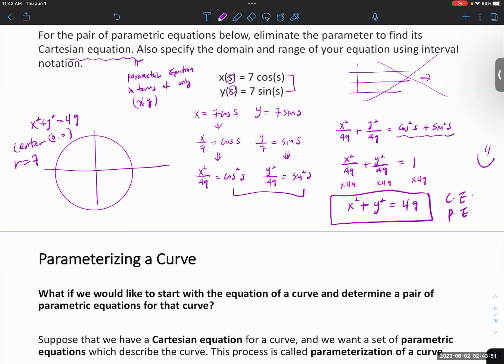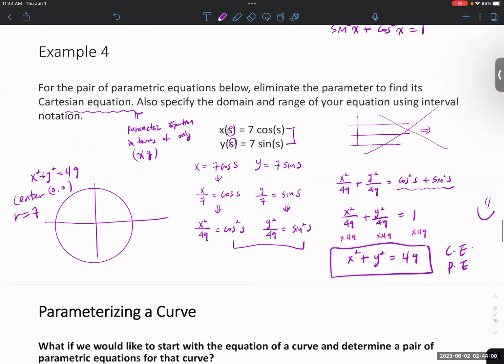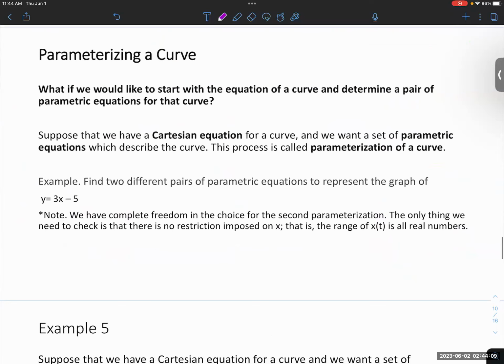All right, so far we practiced a very understandable topic. Now I'm going to move on to the second topic. In this example so far, the two functions x and y were given, and we were able to find the Cartesian equation. Now let's think about it backward.